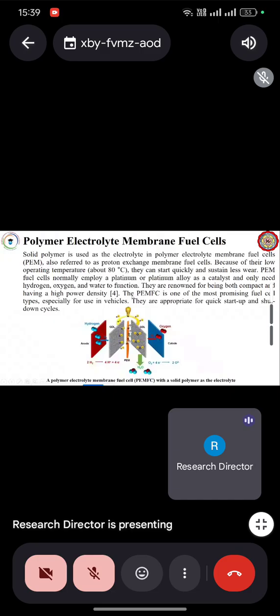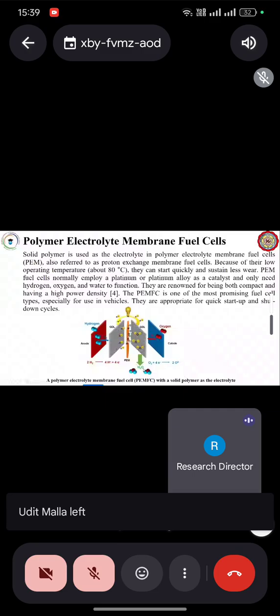So see, in this diagram we can easily see the hydrogen. One side is the anode, and the hydrogen is broken down into hydrogen ions, and 4 electrons are released. Here O2 combines with 4 electrons. So after combining, they will make H2O.